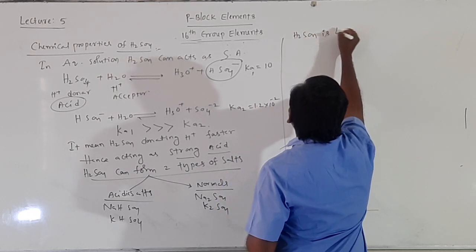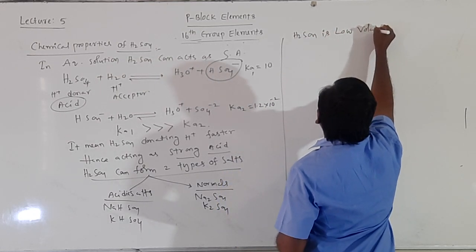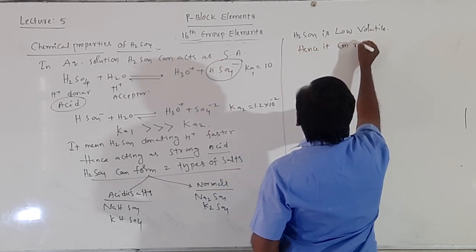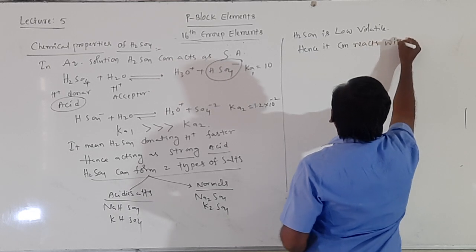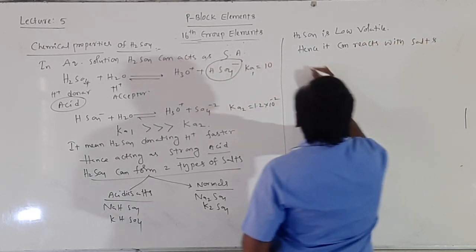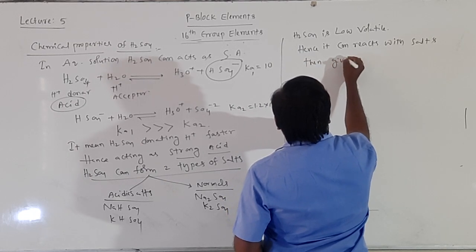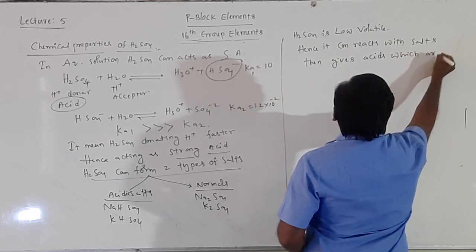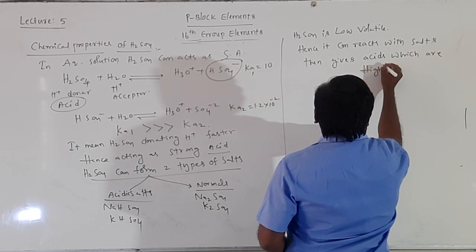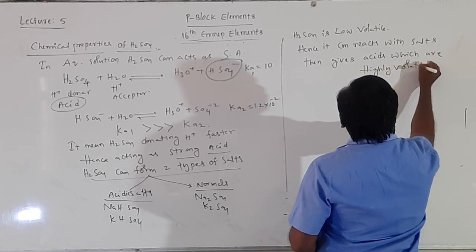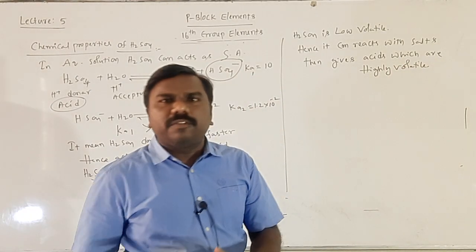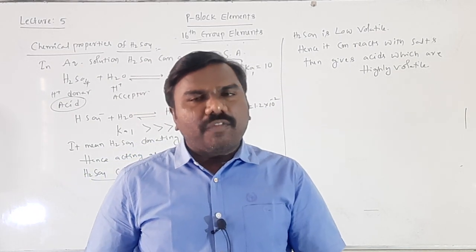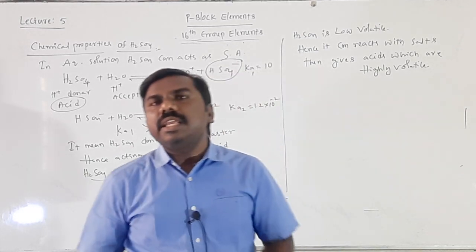H2SO4 is low volatile, hence it can react with salts and then gives acids which are highly volatile.